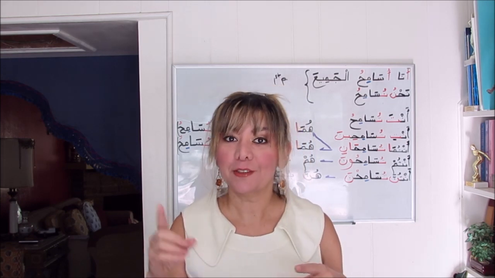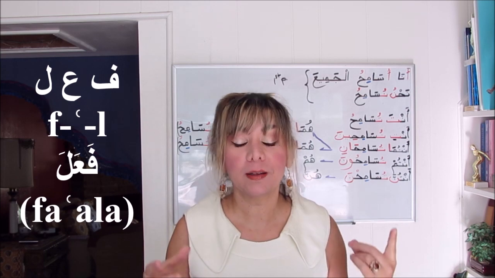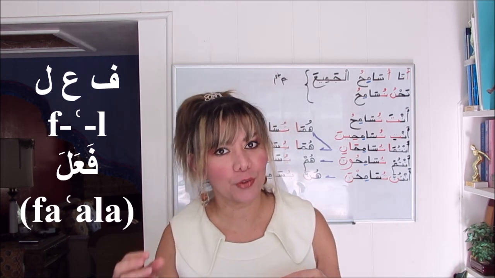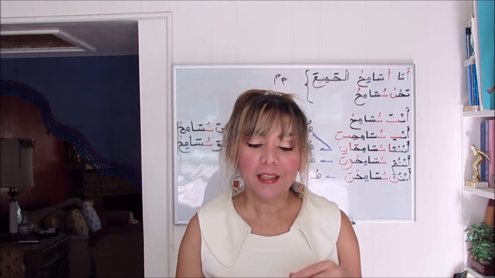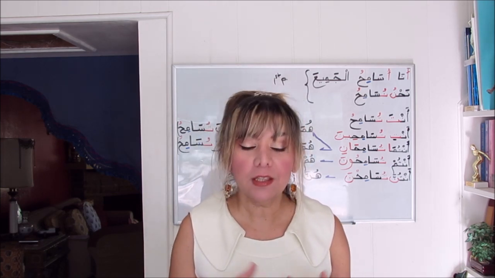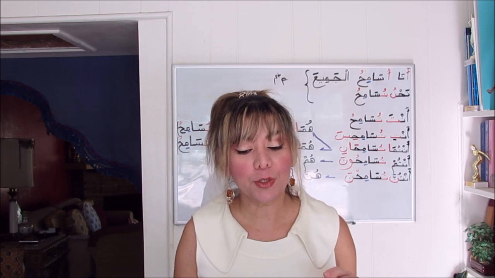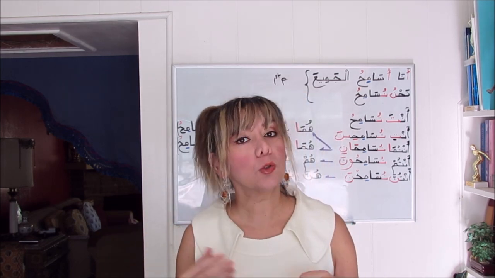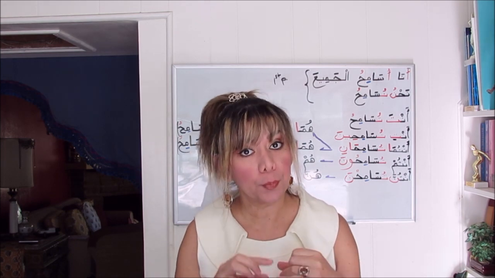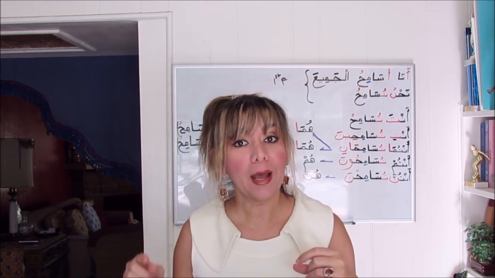Remember that fa, ain, lam are placeholders for the radicals of the roots. These patterns carry interpretations similar to how suffixes and prefixes mark conjugated verbs for person, number, and gender.